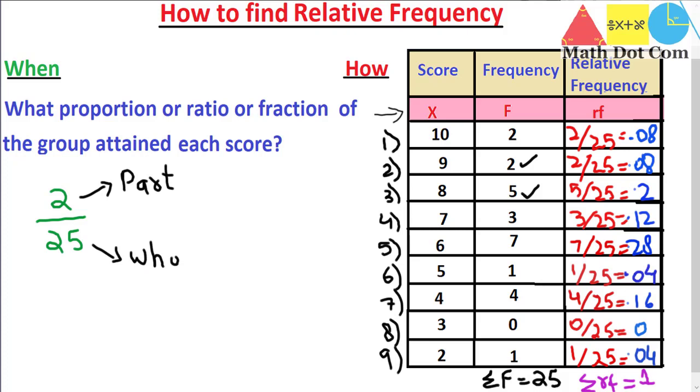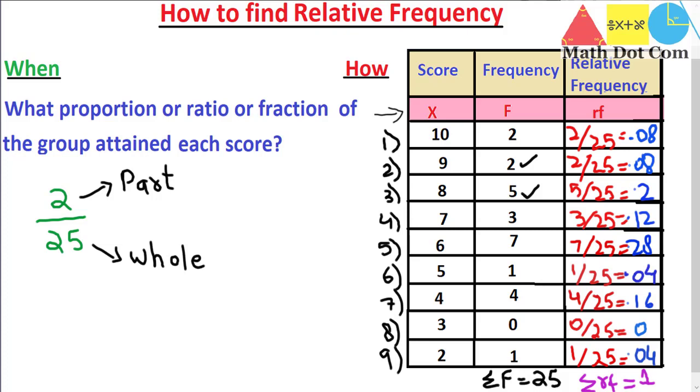So here it resembles the percentage that I told you at the very start, except what is missing here is the 100. If you multiply it by 100, you will get the percentage. So part out of whole, that is the ratio or the fraction or the proportion.